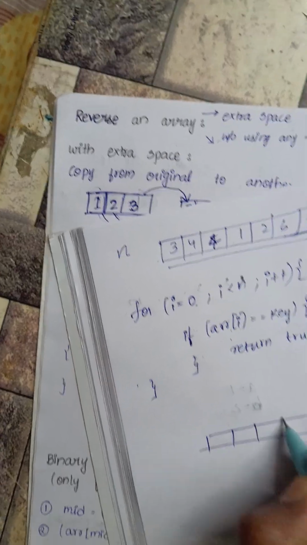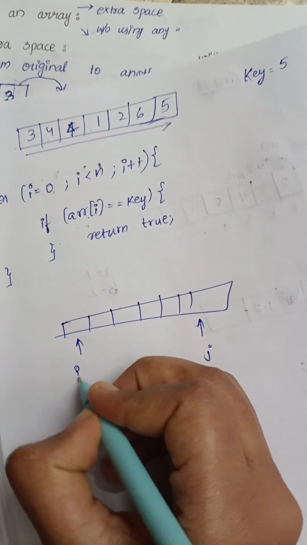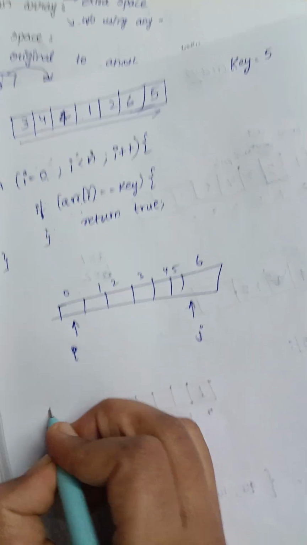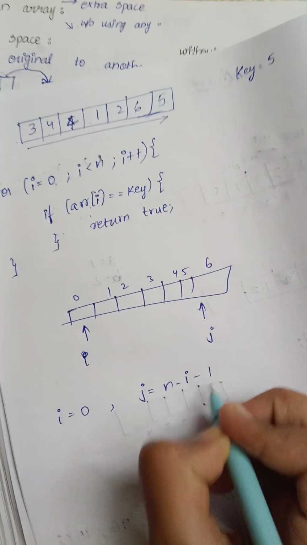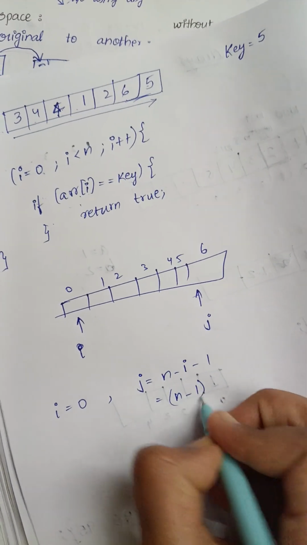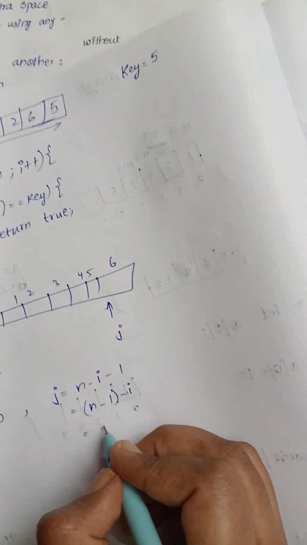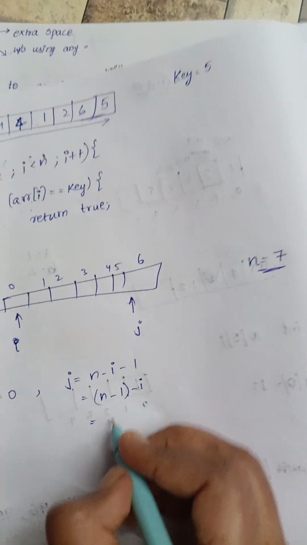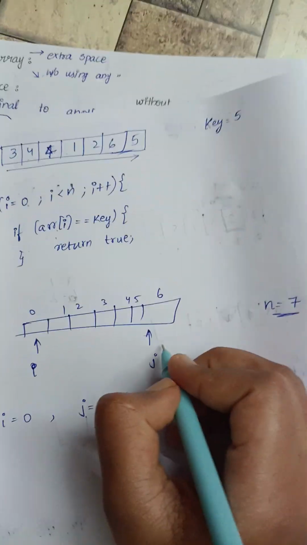If I is here, j is here. 0, 1, 2, 3, 4, 5, 6. When I is 0, j is n minus I minus 1, nothing but n minus 1 minus I. N value is 7, so n minus 1 is always 6. 6 minus 0 is 6 only, so the j will stay here.